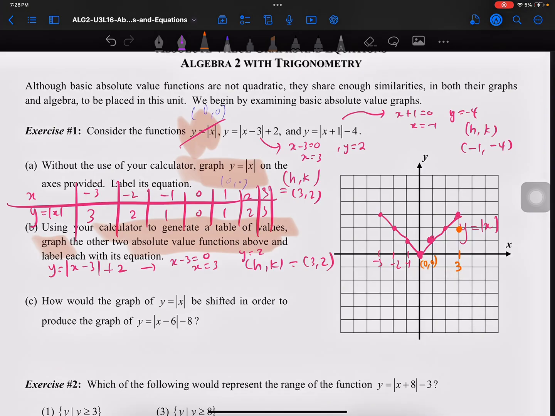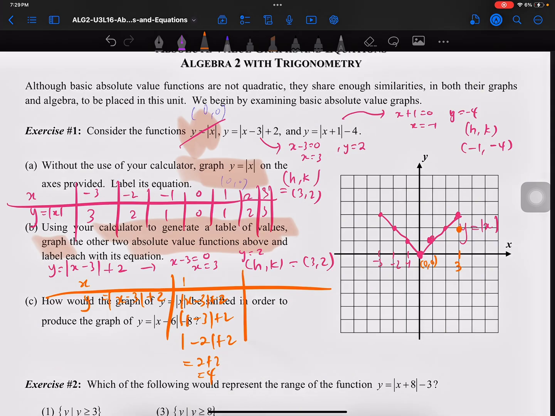So we will draw a table. Pick x, and y is equal to absolute value of x minus 3 plus 2. For x equals 1, it is minus 2 plus 2, which is 2 plus 2, which is 4.